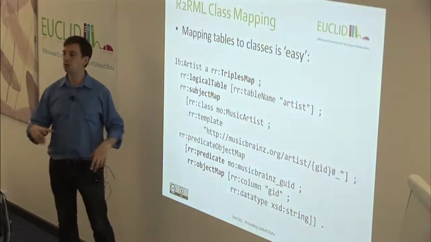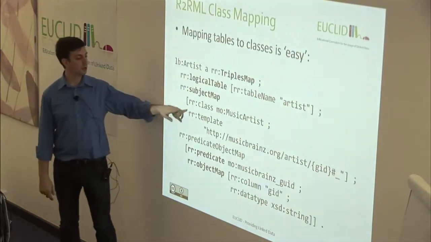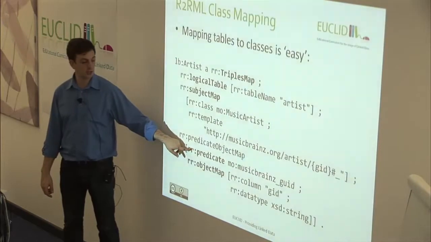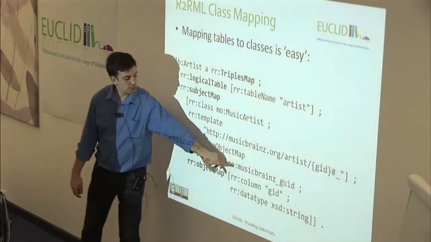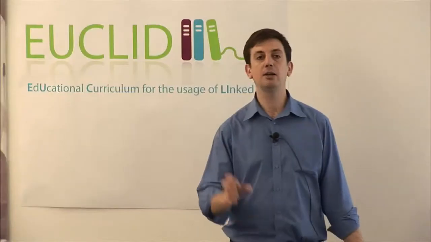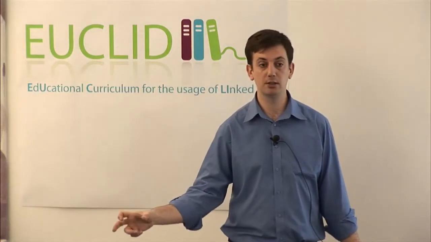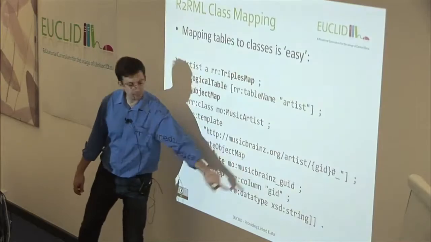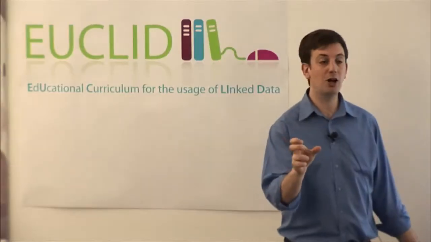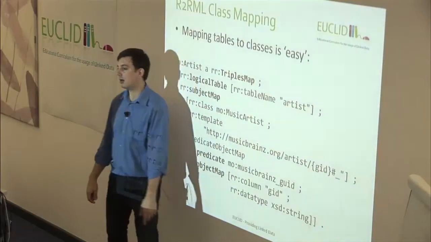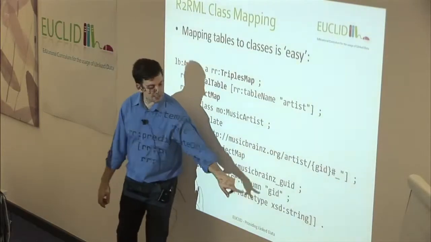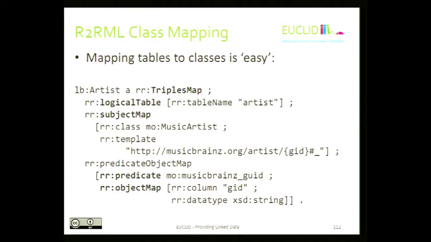But then out of this rule, we get a second triple, which says, in the predicate object map, here's the predicate we want to use, which is from the MusicOntology, a link to the plain GUID. Okay? And as the object, we just use the value from the GUID column that's also used in the URI, okay? But we treat it as a literal, and we give it the data type XSD string.